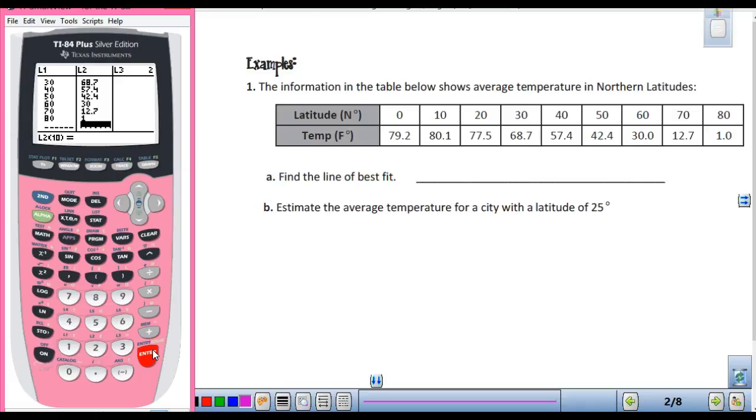Okay, should be even right here. 80 goes with 1, and then there's nothing underneath it. Are you guys good?